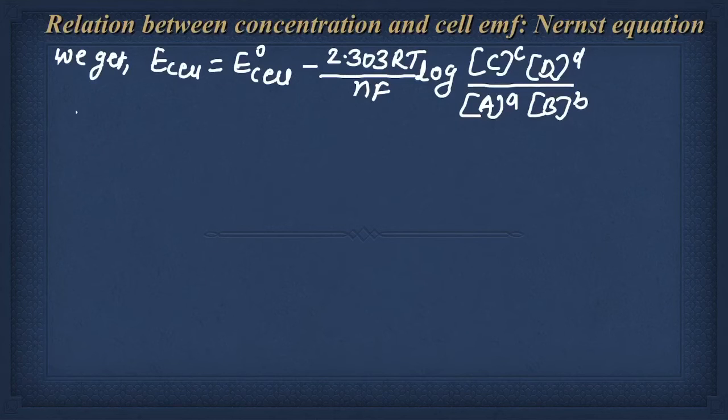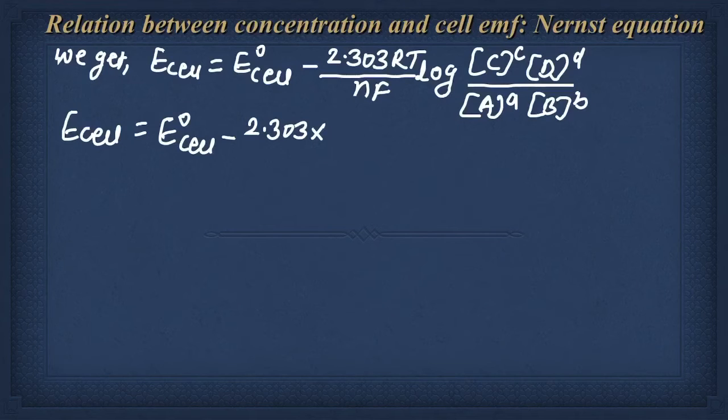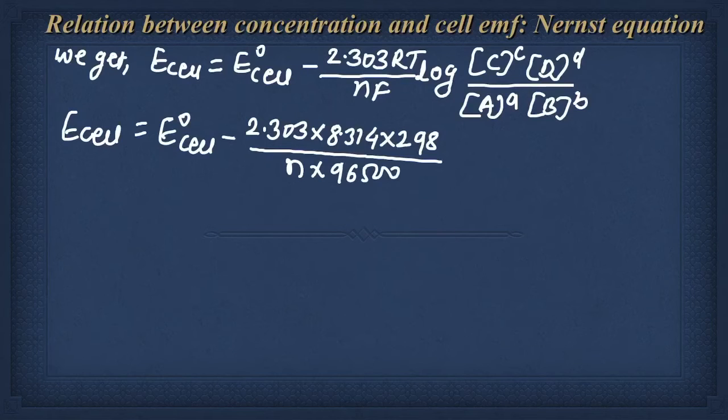Just put the values, the Faraday constant and the gas constant, and we get the equation. E cell is equal to E standard cell minus 2.303 multiplied by the gas constant 8.314, and if we fix the temperature at 25 degrees, we can write it as 298 Kelvin, divided by n multiplied by F, which is 96,500 coulomb, the charge on the electron, log.